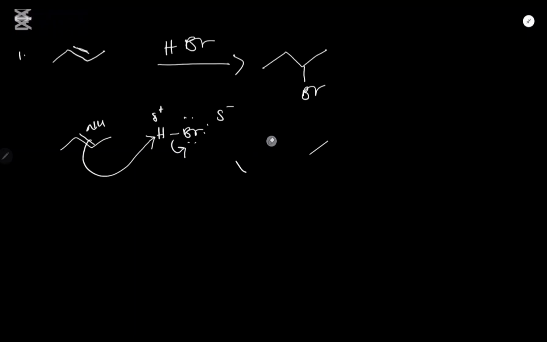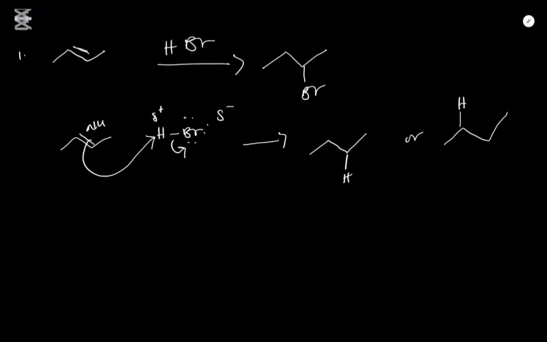a single arrow. Our answer will be: hydrogen will go where there is more hydrogen. But if you check here, we have one hydrogen, there's one hydrogen, meaning hydrogen can go here, or hydrogen can go that side. But if you check, these molecules are one and the same thing.